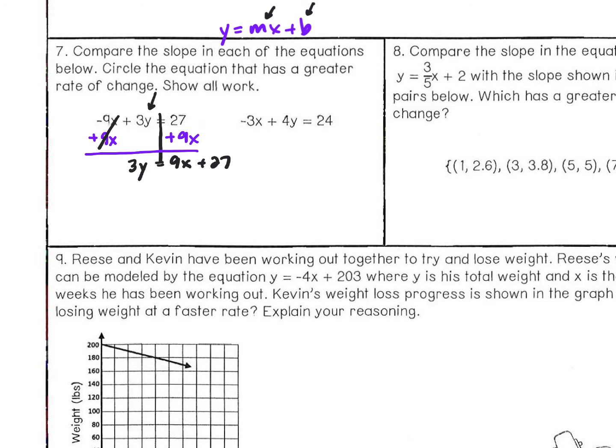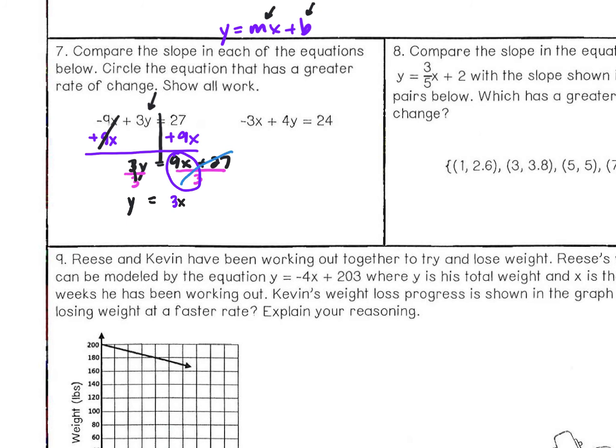Now, the second solving step is to continue to get y by itself by dividing by 3, which means I have to divide this entire side by 3. So when we divide 3 by 3, we get our y isolated by itself, and now we have to recall that 9x is being divided by 3. 9 divided by 3 is 3, and my x comes down with it.